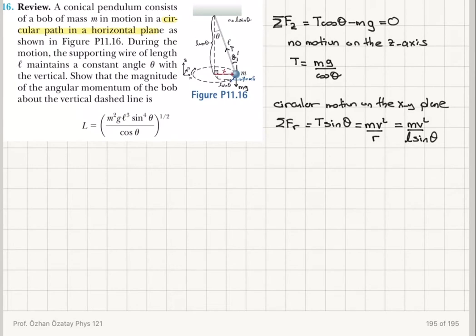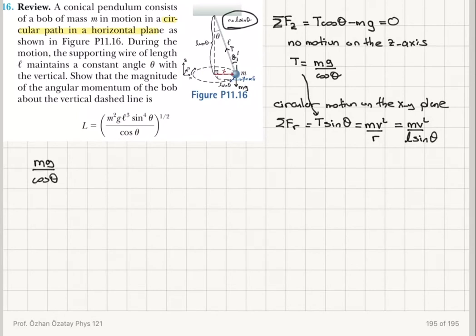So this is going to be equal to m v squared divided by L sine theta, because I have found that r, the radius of the circle, is equal to L sine theta.